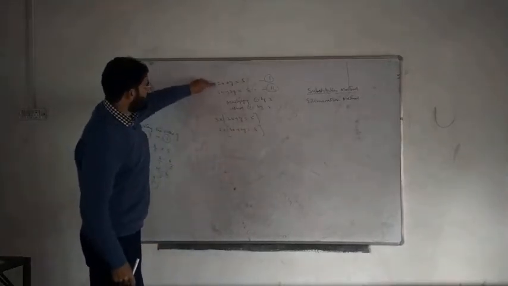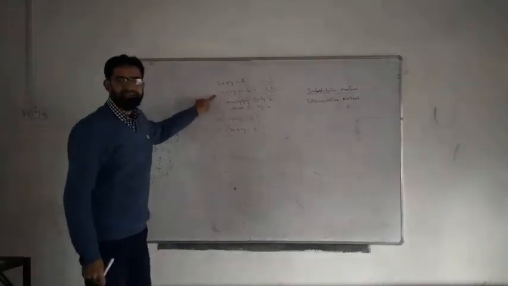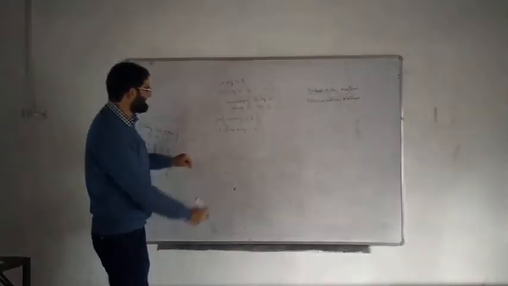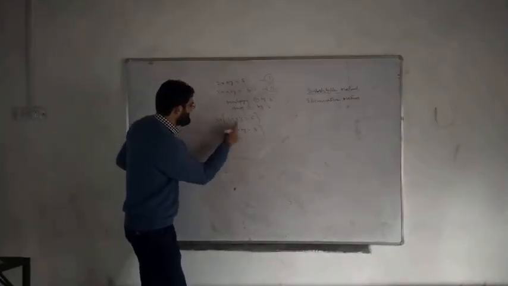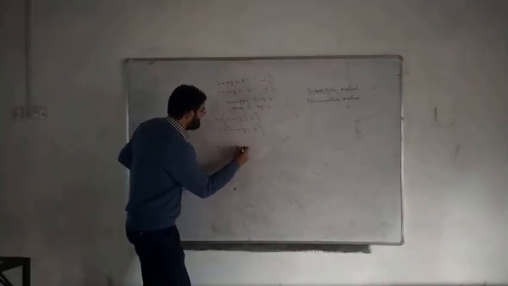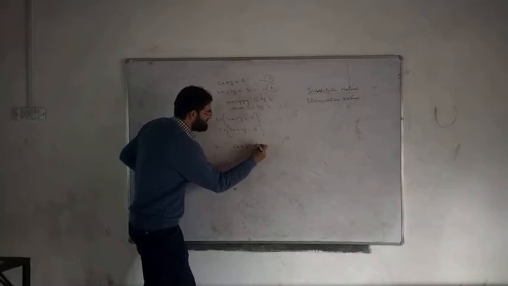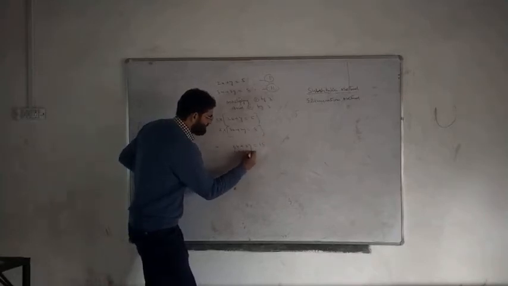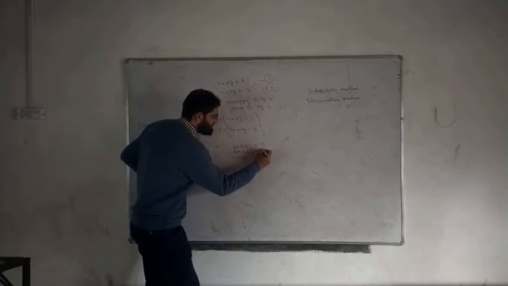That is the elimination method. So here we go. 3 2s are 6x, 3 into y is 3y, 3 5s are 15. 2 3s are 6x plus 2 2s are 4y is equal to 2 8s are 16.